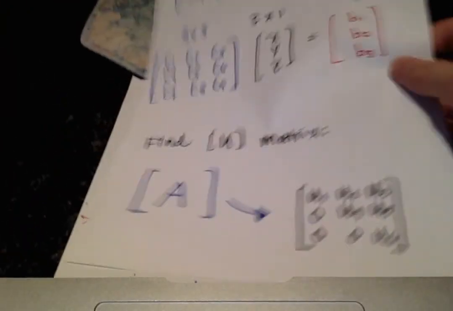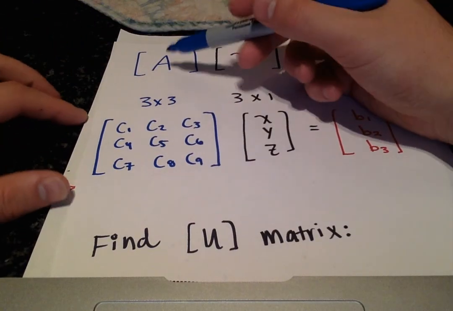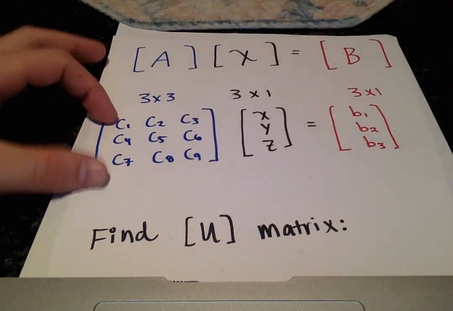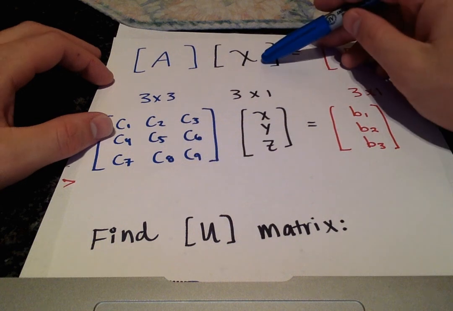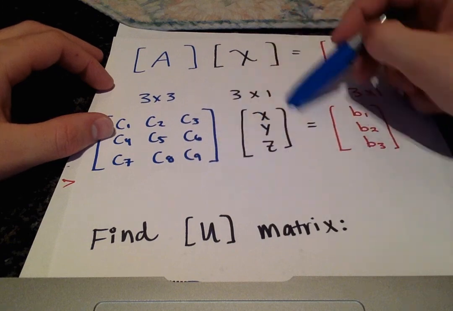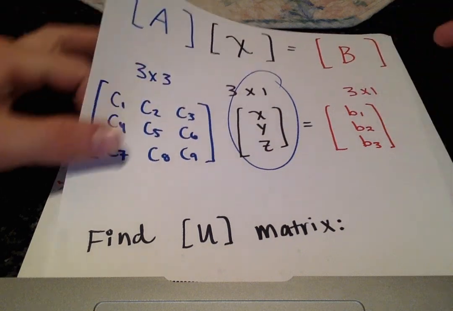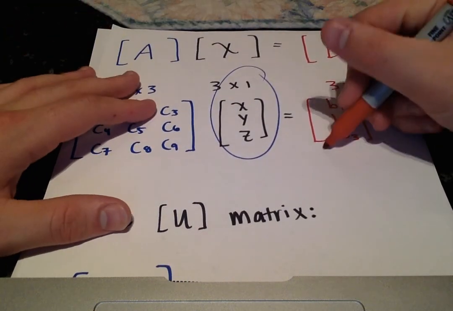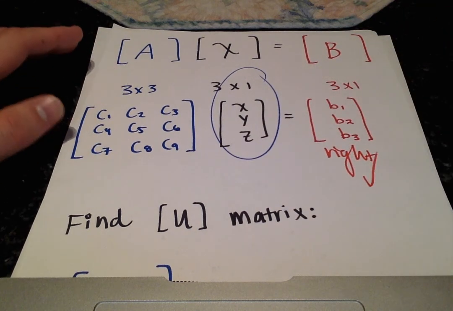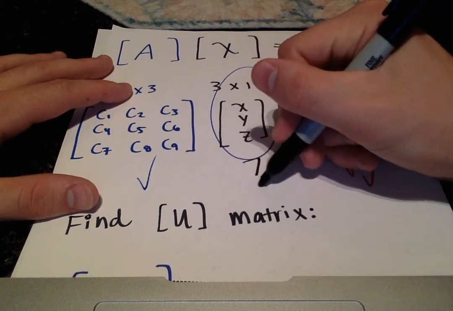If you write this out, A will be a 3 by 3 matrix with all of the terms just as they appeared in the equation. Your x solution vector is just your x, y, and z values. This is the only part that is unknown. This is ultimately what we want to solve for. And then we have the b vector, which is the right-hand side of the equation, and these are all known. This is the mystery.